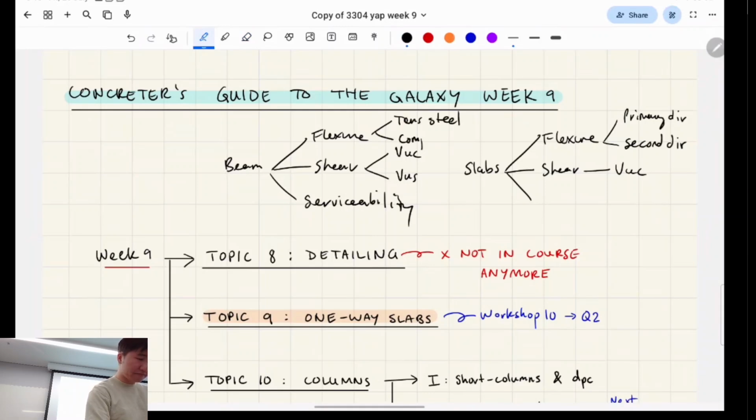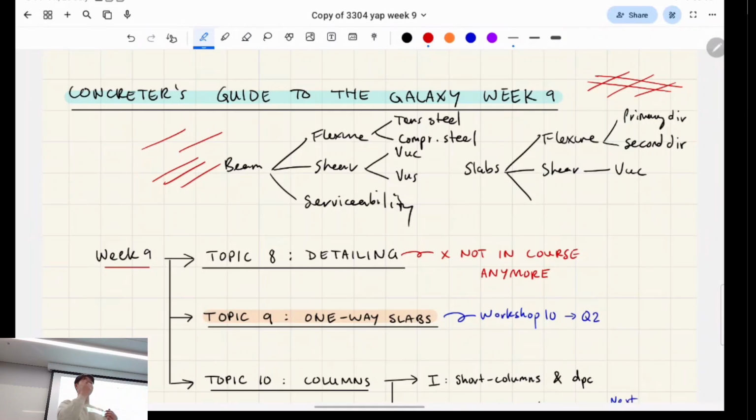Do you remember the one on the top and the one on the bottom? But they're both running in the same direction, right? So for beams, that's your compressive steel, and that would be your tensile steel on the bottom, right? But for slabs, the steel will look like this in the primary direction and this way for the secondary direction. So it's like 2D, you know what I mean? But they're both tensile steel.